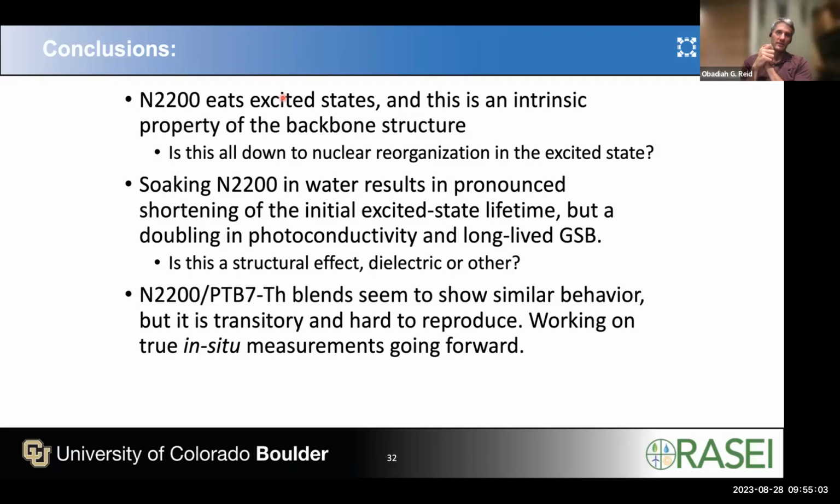So I was kind of hoping that it would turn out the opposite way, and that we could think of perhaps structural modifications that might lead to better optoelectronic performance from N2200, but that's where we are. And I think that this might motivate looking at other acceptor polymers that have just longer excited state lifetime than N2200 when it comes to the photoelectric chemistry experiments.